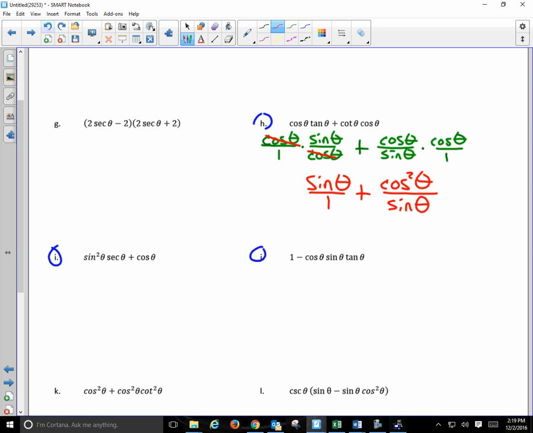But what would happen if I found common denominators and actually combined the two fractions together? What would you now have in the numerator? Sine squared plus cosine squared, all over sine.